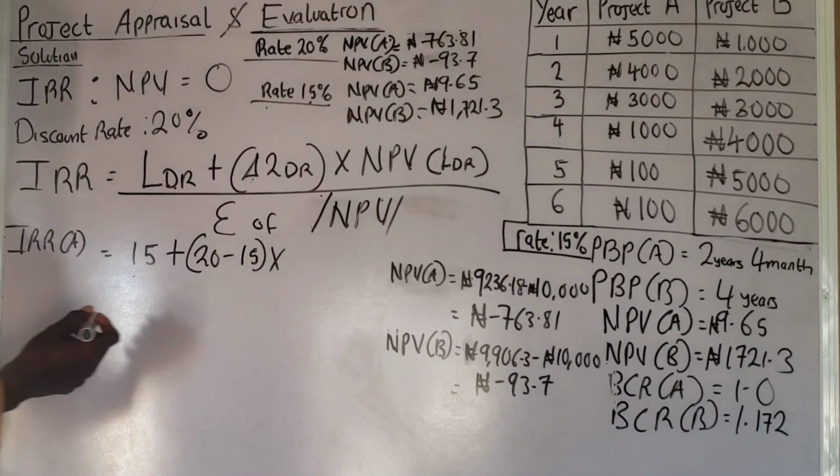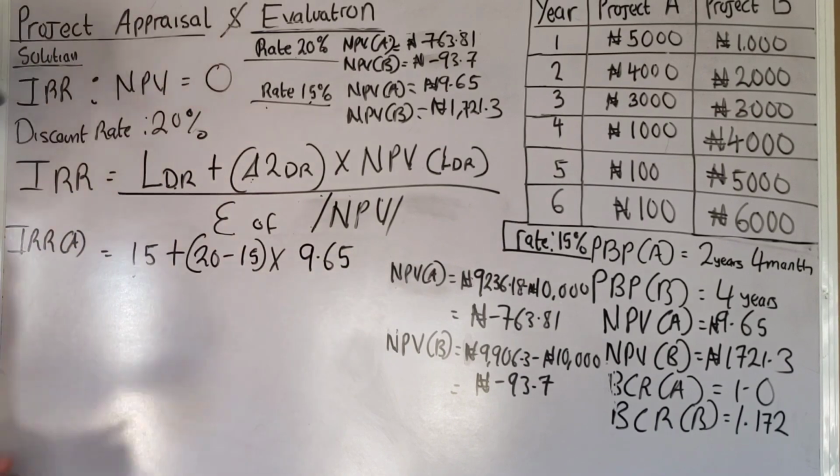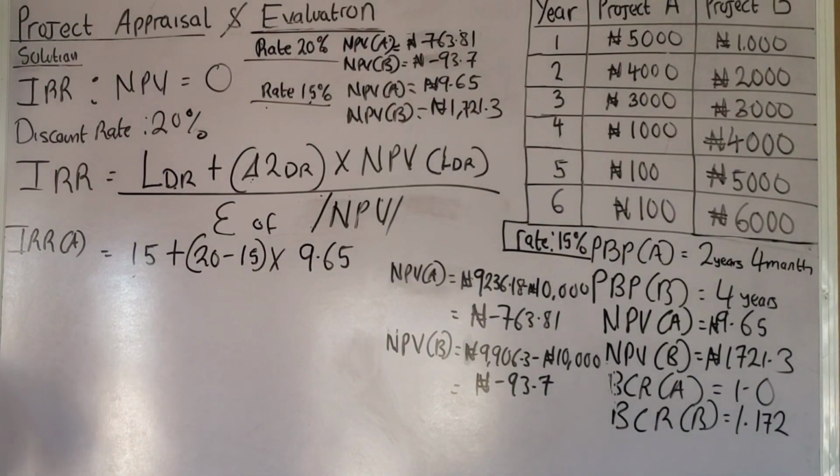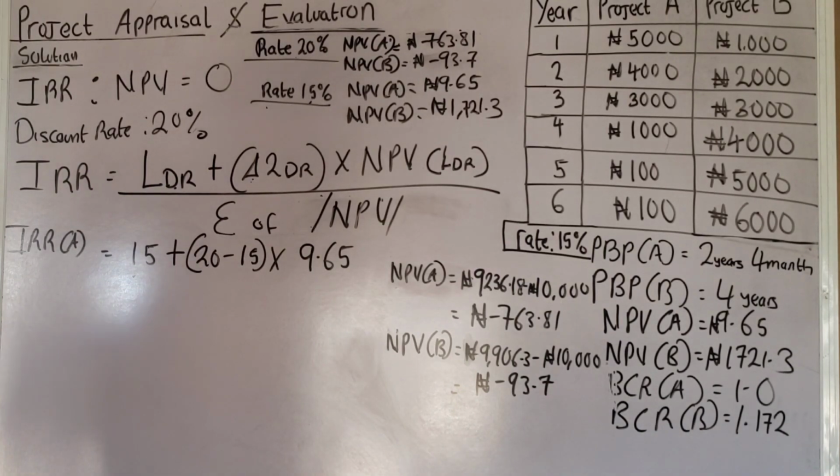Do you understand now? So this will be multiplied by 9.65. Please, if you didn't understand, listen to the explanation again. Okay? I'm just trying to explain the formula while solving.